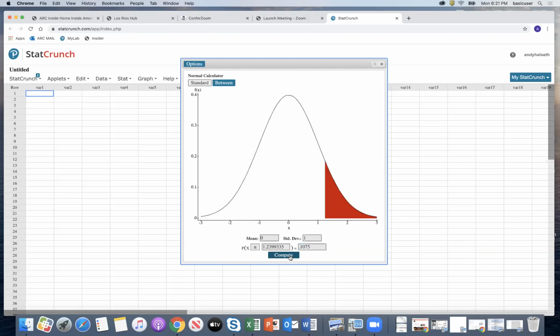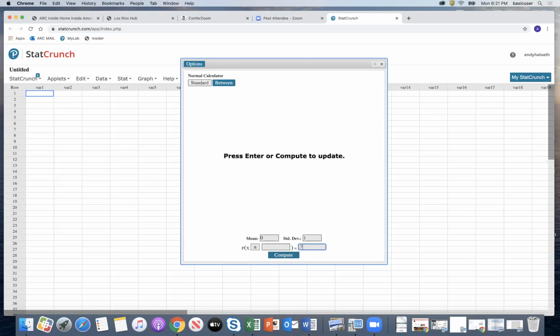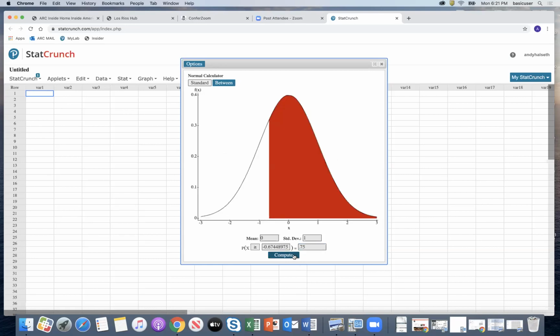And then there would be my z-score, 1.2399, so 1.240 would be that area. Okay, so not too bad. You've got to know, do you have an area or a z-score, and which one are you trying to find? For 75%, I would put 0.75. That's negative 0.674.